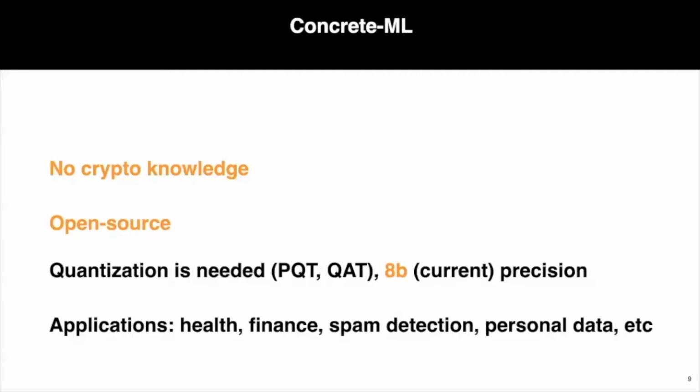Okay, so as you can see, with Concrete ML, there is no crypto knowledge which is needed. So you've seen in the previous slide that you were able to see what happens without even knowing how it works under the hood, which was really, really our goal for the product.